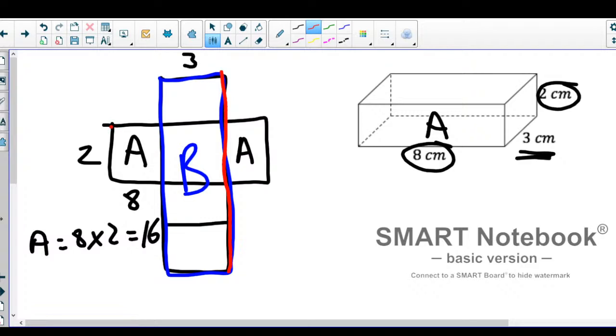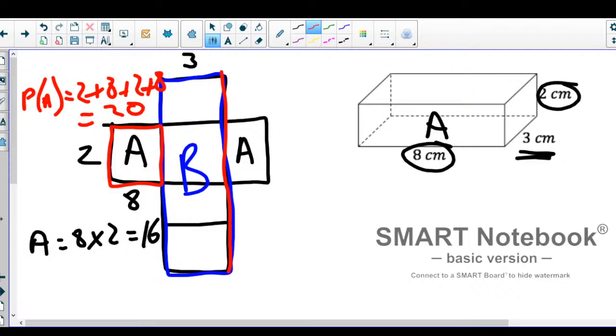Well, I looked at the perimeter of A. And if you want me to write that down, the perimeter of A equals 2 plus 8 plus 2 plus 8. Not great writing, but it's good enough. And 2 plus 8 plus 2 plus 8, that's 10 plus 10. So the perimeter of that is 20. So that length there is 20.